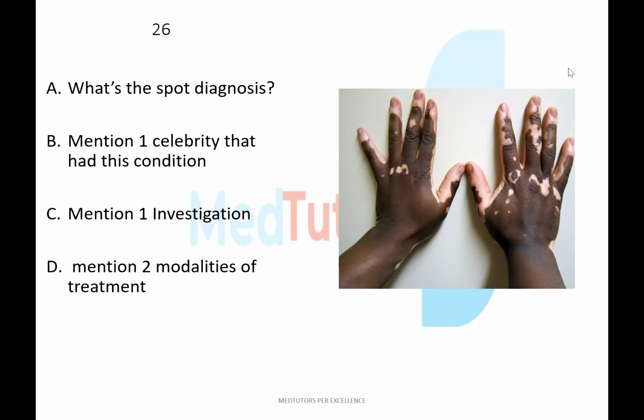Sorry, the network went off temporarily. So I was talking about the treatment modality. We can use camouflage. In addition to that, we can also give the patient some topical medication, like tacrolimus.